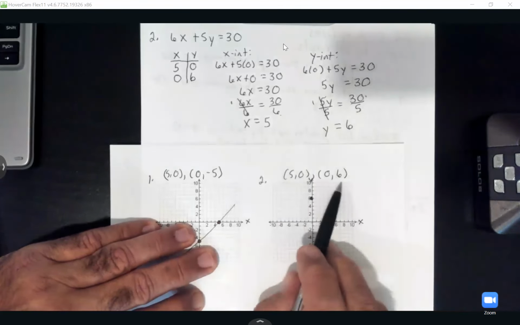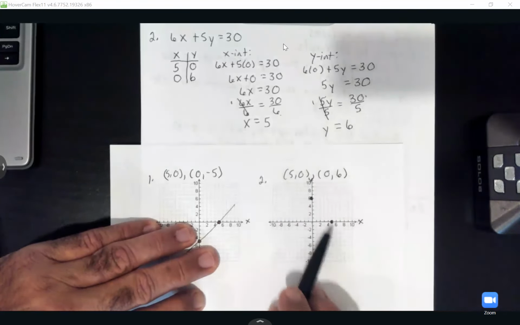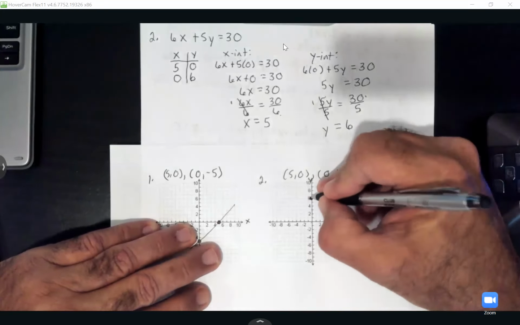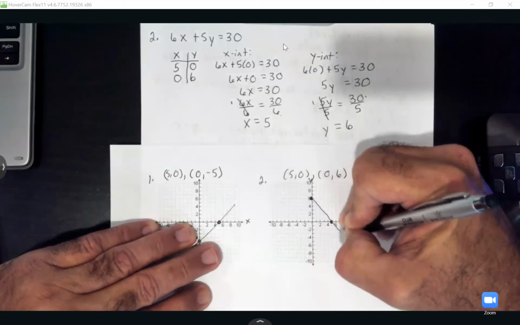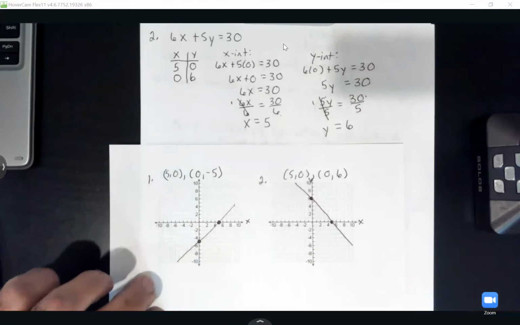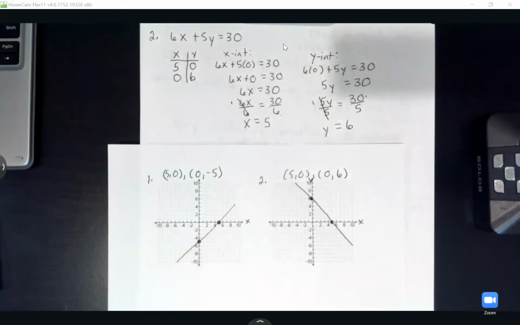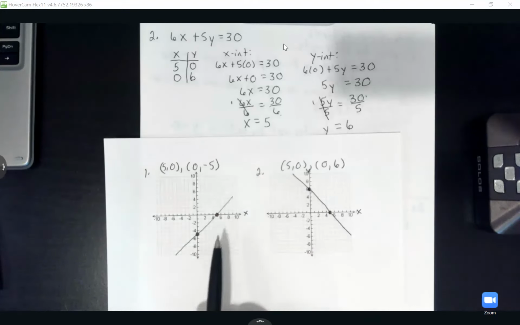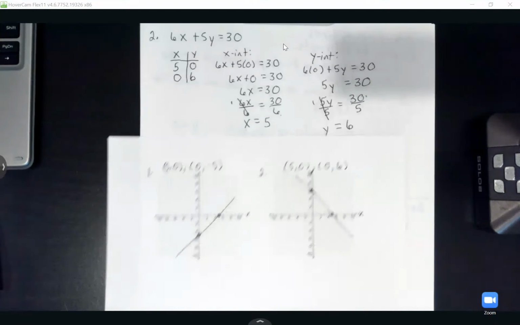So notice these x and y intercepts are exactly on the number that they have shown. All right, this slope is downhill. So that line is going downhill. All right, so those are the steps on here. Get the 2 points, plot them, and be done.